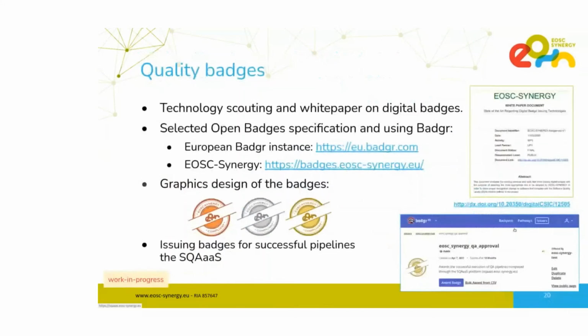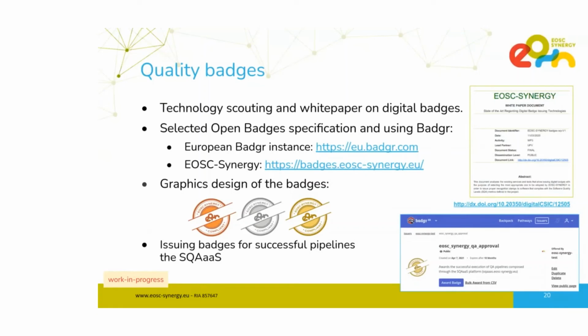Then for the quality badges issuing, we have, again, some technology scouting, and there is a white paper published on how these quality badges can be issued. And what we had chosen is the Open Badges specification and the Badgr system.